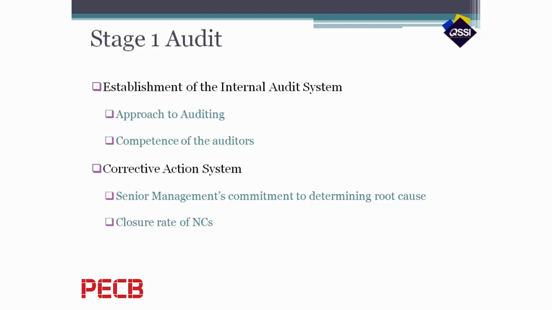So they look at the depth of your audit to see whether or not you have assessed the system vertically and done a proper scrutiny of the system, because the certification body auditors would have established that if you have a good internal audit system, it's more than likely that the food safety system is operating above average or as required.